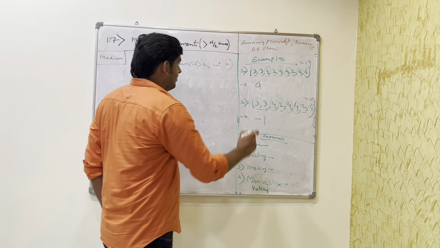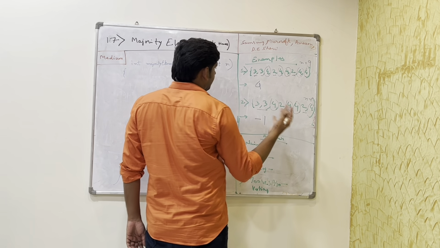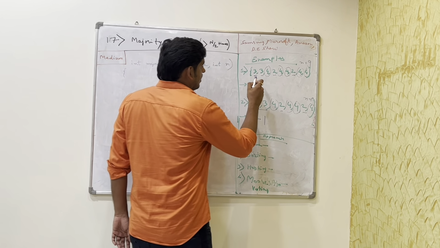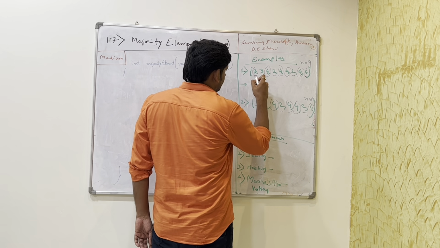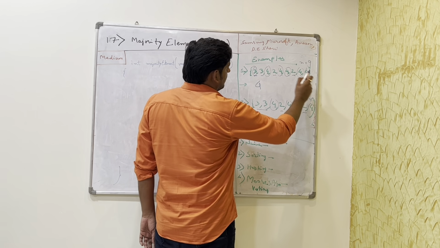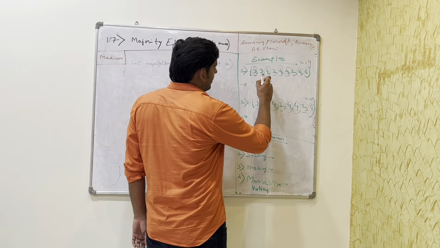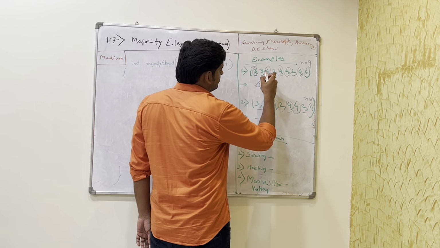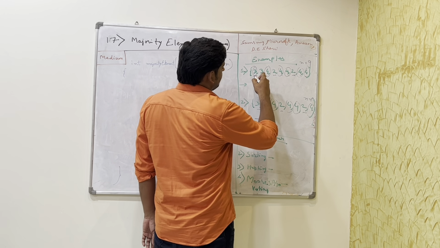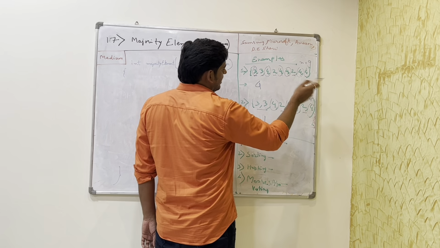For example, we can have a double loop and count how many times 3 has come. Then when we reach the next 3, we already have the count, so we don't need to count it again, or we can count it again, no issue.